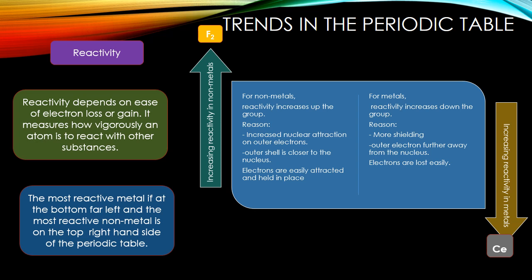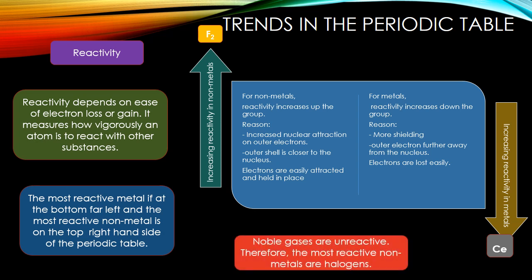And this is because effective nuclear charge increases and the atoms can accept electrons more easily. Noble gases generally are unreactive, and that's because they have a complete outermost shell. This makes halogens the most reactive nonmetals.